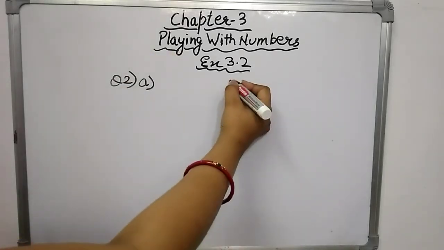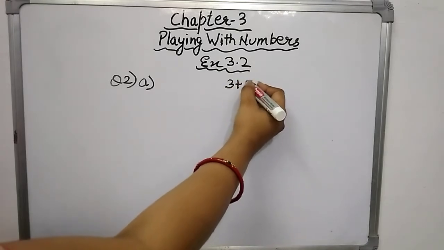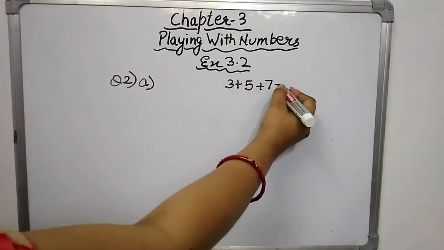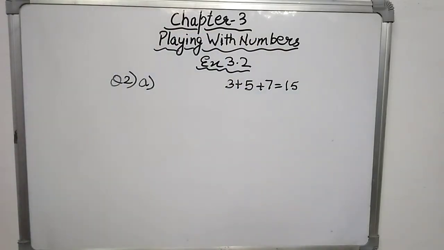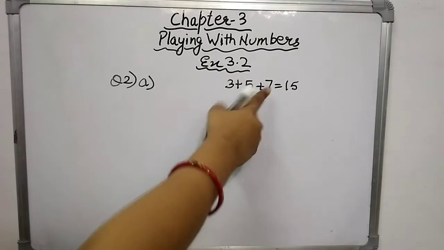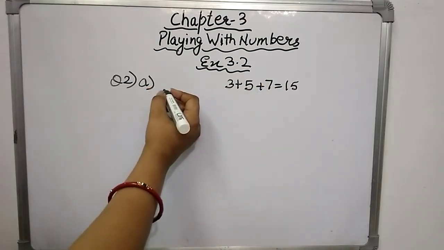So let's check. Add any three odd numbers and find out whether your answer is even or odd. You will always get an odd number as the sum of three odd numbers. So this is false.